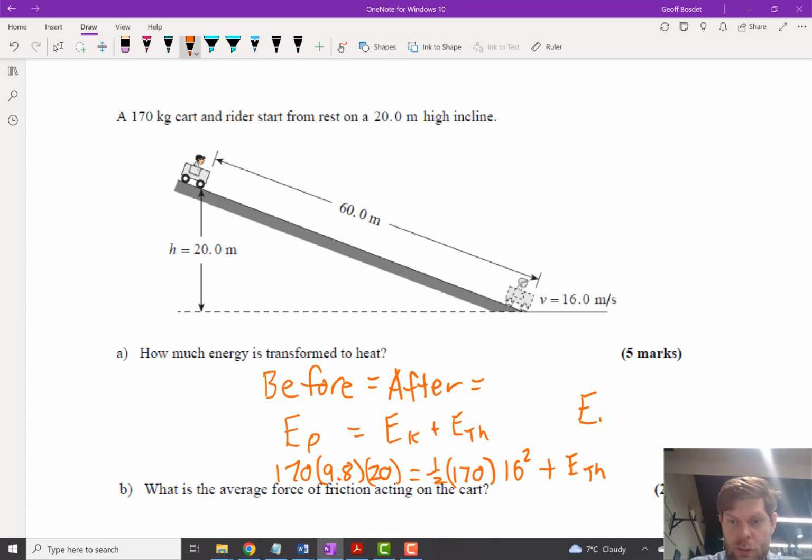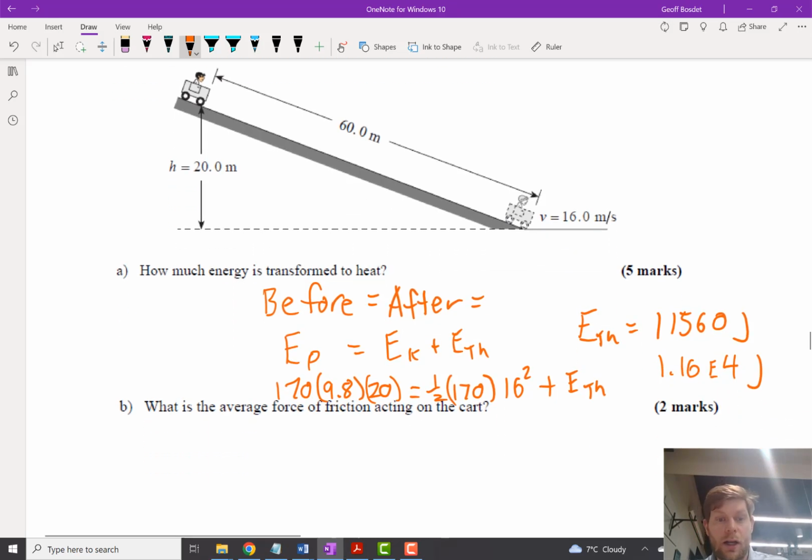Looks like E thermal is equal to 11560. That is not sig figs. Sig figs should probably be 3. So 1.16 times 10 to the 4, ideally, but whatever.